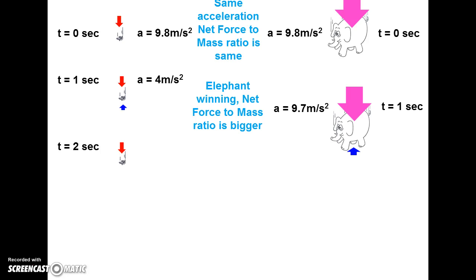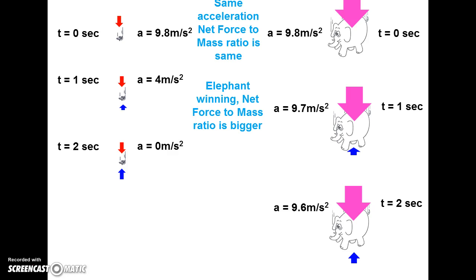After 2 seconds, the feather that's falling has a force of air resistance that has balanced out its weight, so its acceleration is down to 0. The elephant, after 2 seconds, does encounter some air resistance, but again, it still has a really big net force, so its acceleration might only drop to 9.6 meters per second squared.